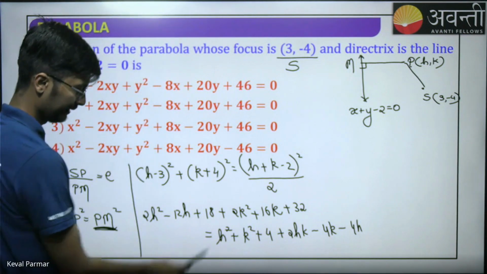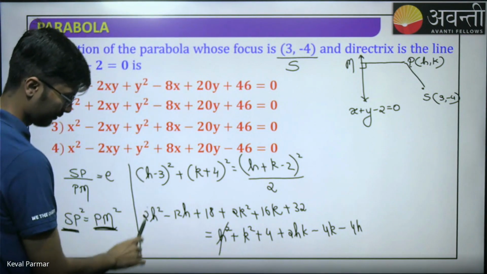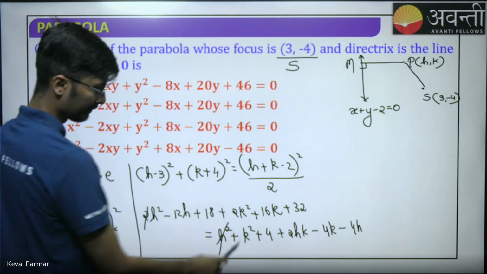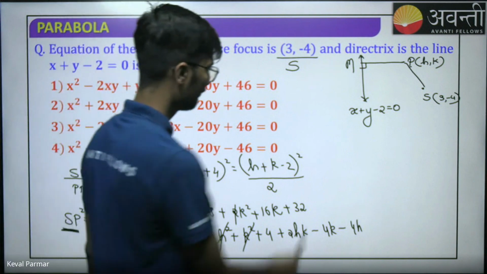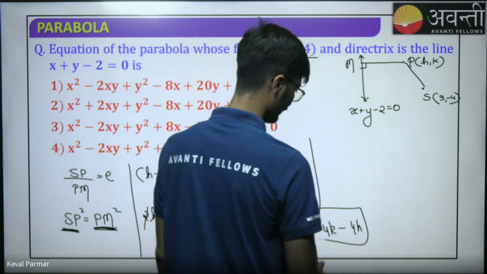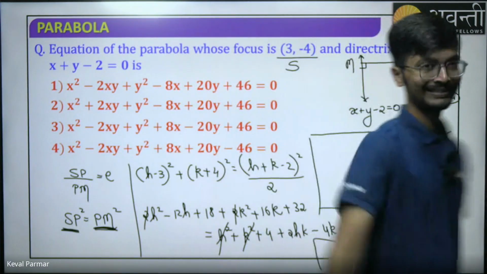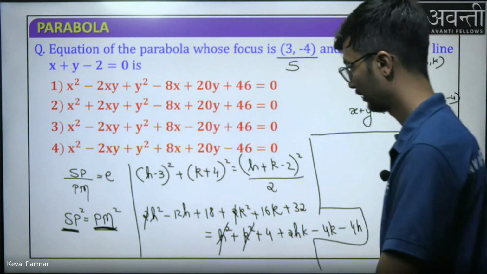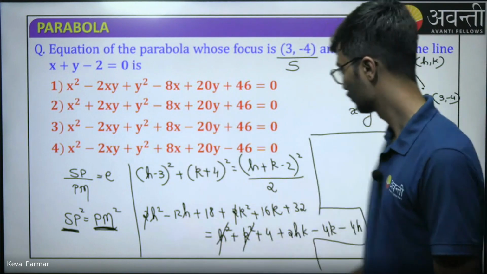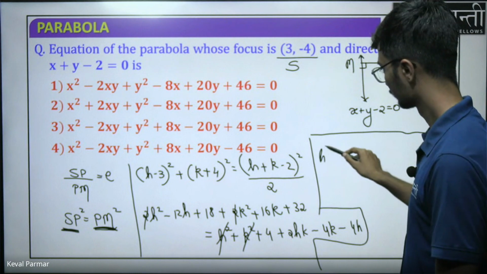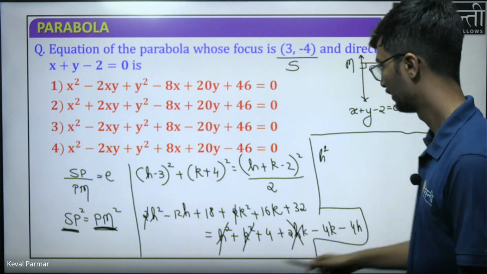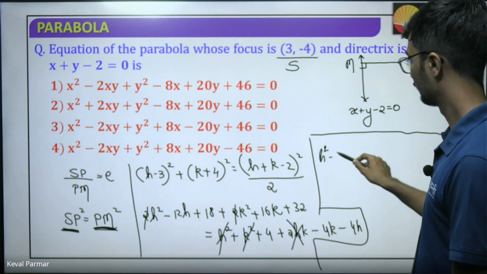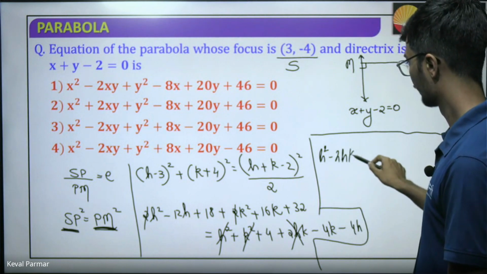So see here, h square and 1 h square will get cancelled. Same k square and 1 k square will get cancelled. So if I move everything on the left hand side, what I'll get, guys, h square, this 2hk on the left hand side will become minus 2hk.